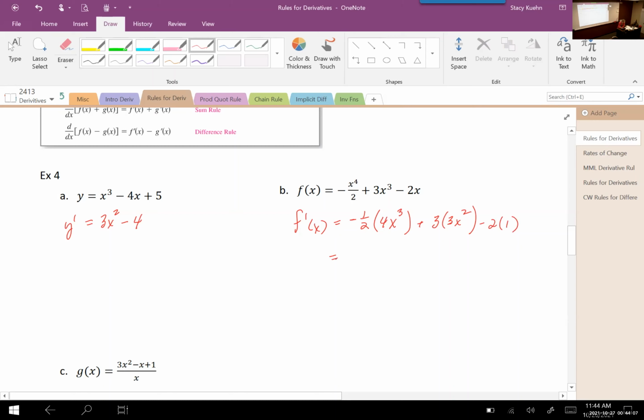Simplifying that, we would have, what, 4 to the third power? No, not 4 to the third power. Because I'm not raising it to the third power, it would just be -2, wouldn't it? So negative 1/2 times 4x cubed plus 9x squared minus 2.